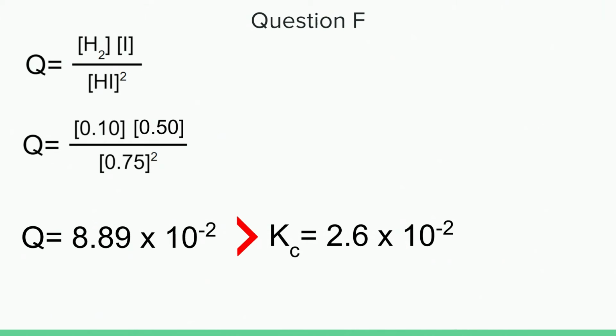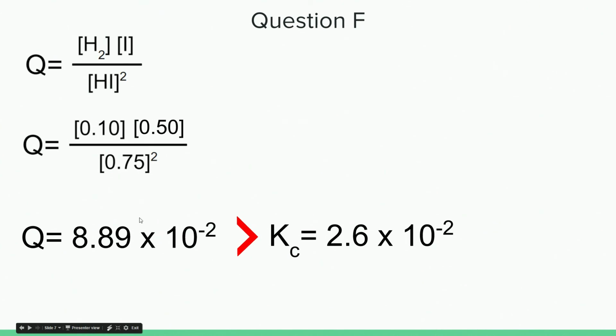And question F gives us a different Kc value, and that value is 2.6 times 10 to the negative 2. We're going to use the Kc equation, except replace it with Q. If we plug in the numbers, and the equation gives us 0.1 moles of H2 and 0.5 moles of I2, and if you do the math, it ends up being Q equals 8.89 times 10 to the negative 2.